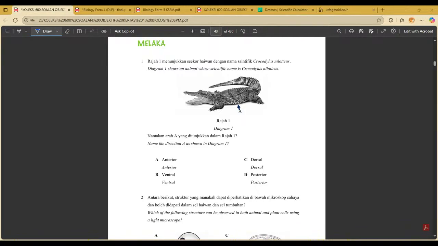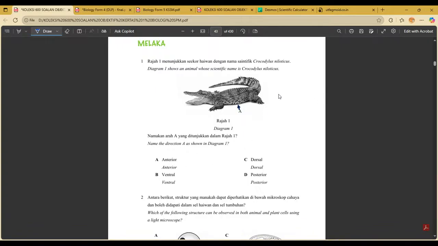Got cancelled. Okay. What's the direction of A shown in diagram 1? Diagram 1 of a crocodile. I think that's central.